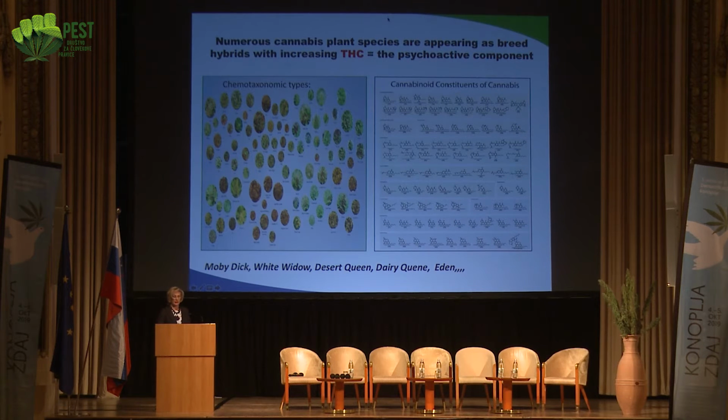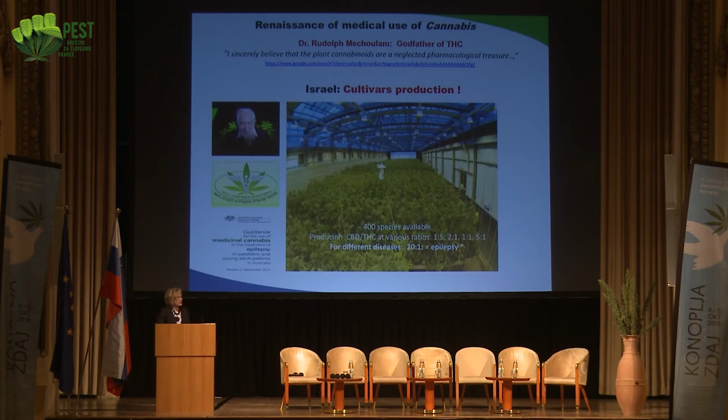The renaissance of medical cannabis was in Israel, initiated by Dr. Meshulam, and based on his activities and promotion of cannabis in clinical application, they started to grow these different strains of cannabis plant in special greenhouses, and so we call them chemovars.